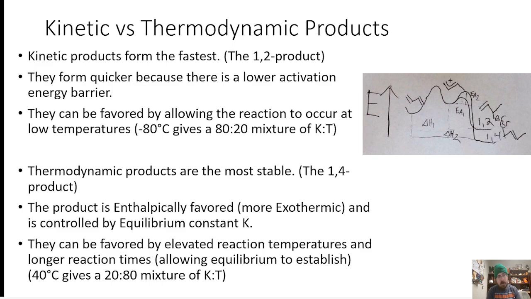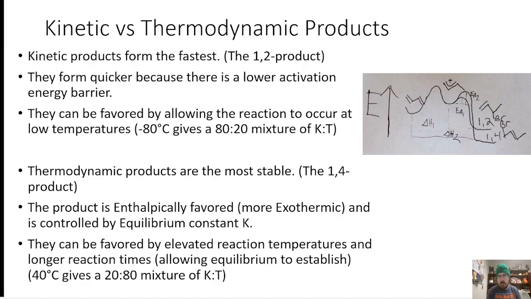Now, because everything is hotter, you will initially get higher amounts of the kinetic product. But because everything has more energy, the bromide can actually fall back off, and so we can reverse from the 1,2 product back to that intermediate.